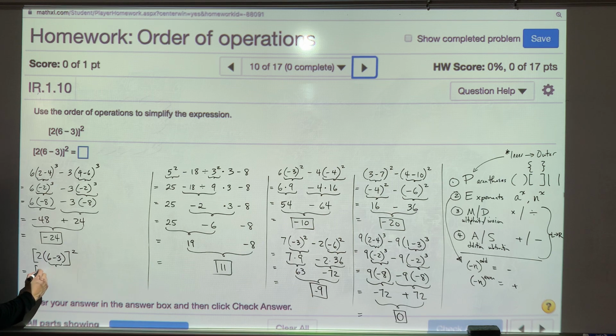I'd leave the bracket alone. 6 minus 3 is 3. I'm now done with my innermost grouping. Now, I move out from there. 6 minus 3 was 3, 2 times that, so 2 times 3 would be 6.